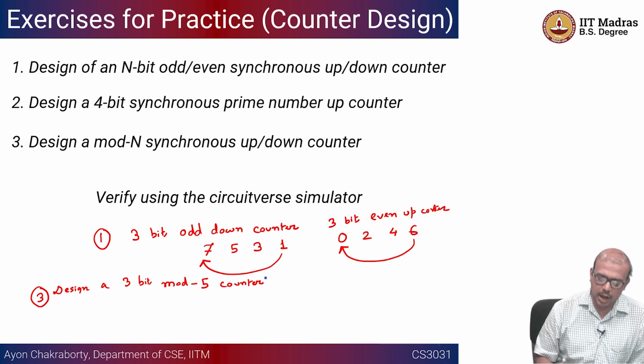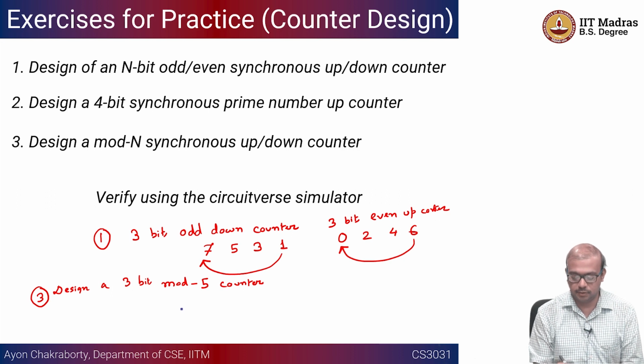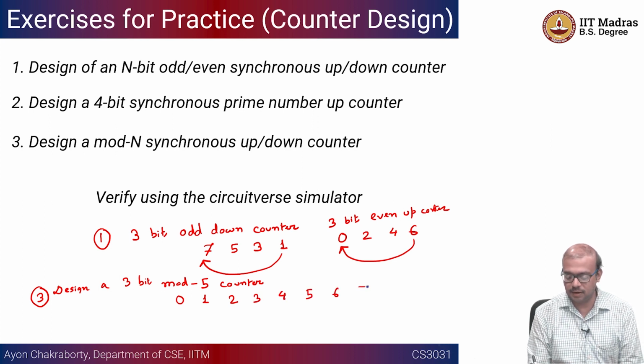So a mod 5 counter is a 3 bit counter, so it has the capability to count with 3 bits. So this is going to be 0 1 2 3 and 4. So 5, 6 and 7 could be represented, but they are not going to be used.